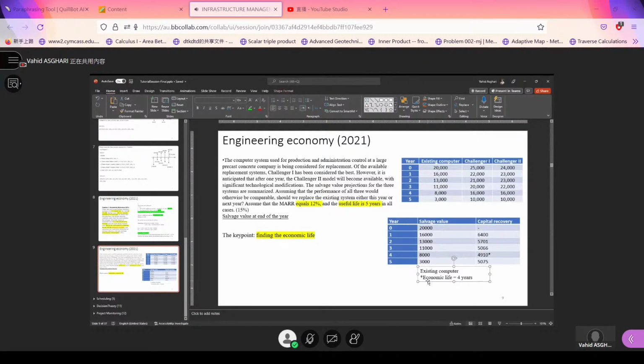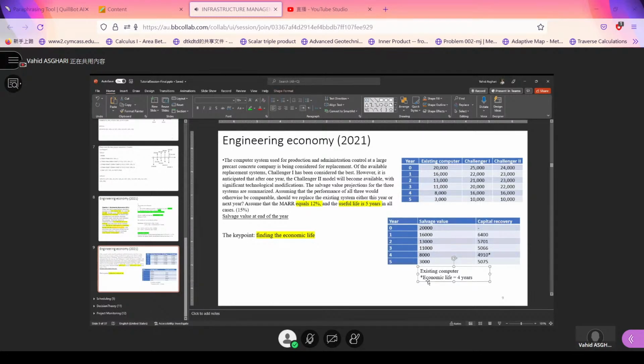You need to find the economic life for comparing these options. So how can we find the economic life? Let's say for the example of the car, you should have an idea of how much you can sell this car for. What is the salvage value of this car at year three?